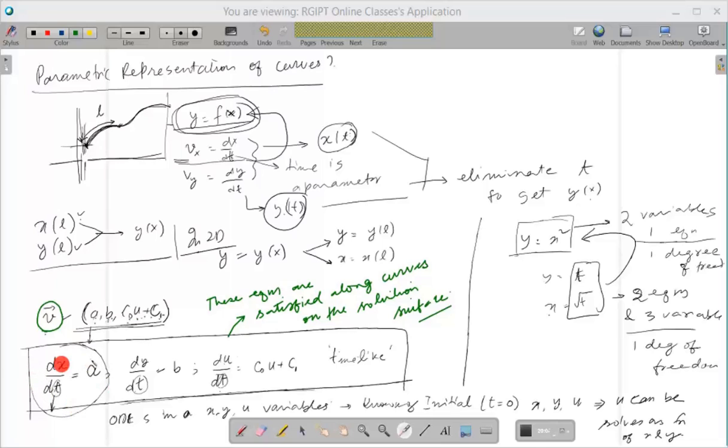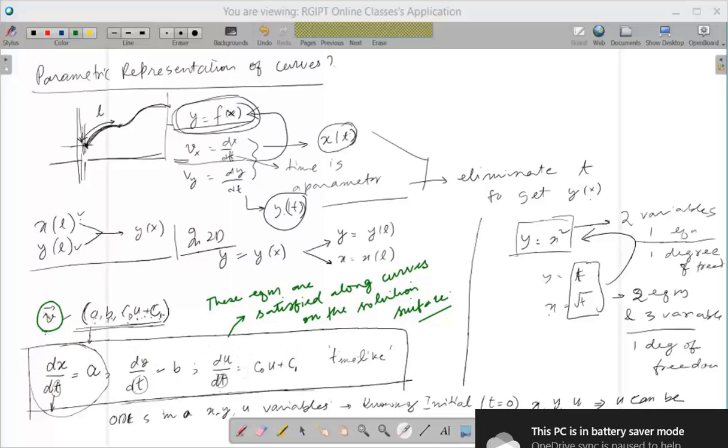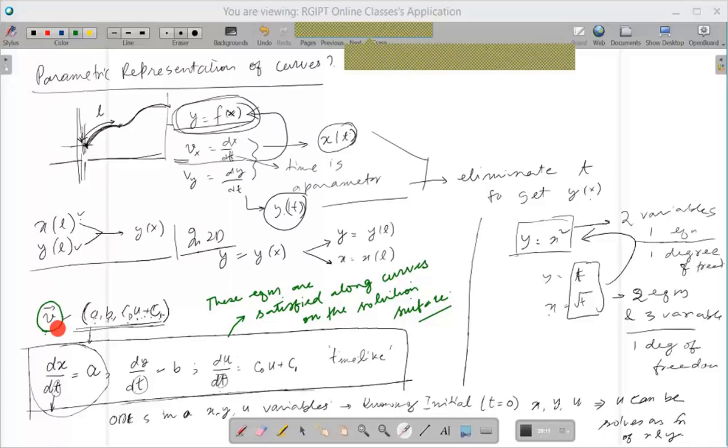They represent the curve I have traced by keeping myself oriented along the vector V at each infinitesimal step. So I'm tracing a curve which is described by these three equations, which are the parametric representation of the curve. That's all I'm saying.